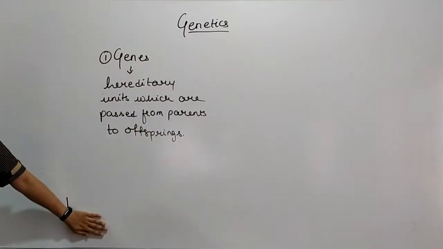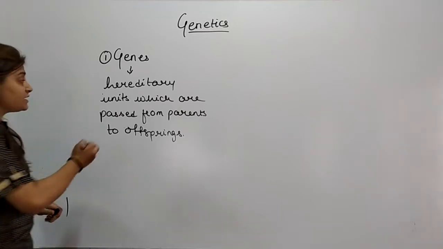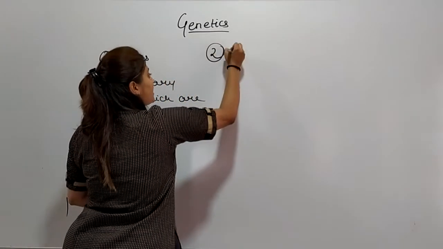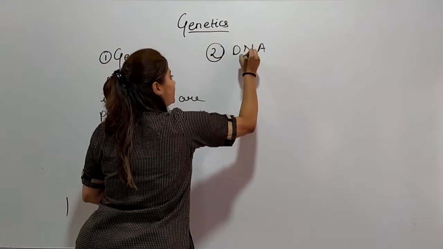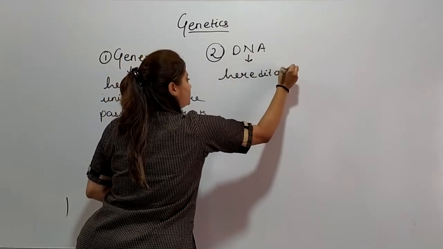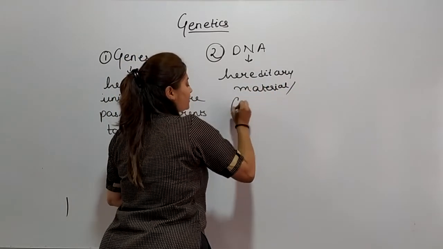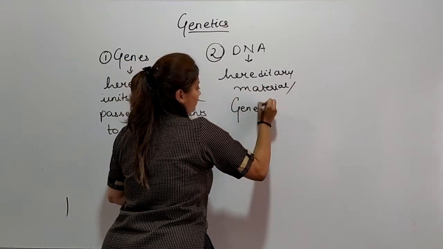So genes are the hereditary units which are passed on from parents to the offspring, and these genes are present on the DNA, which is the hereditary material or the genetic material of an organism.